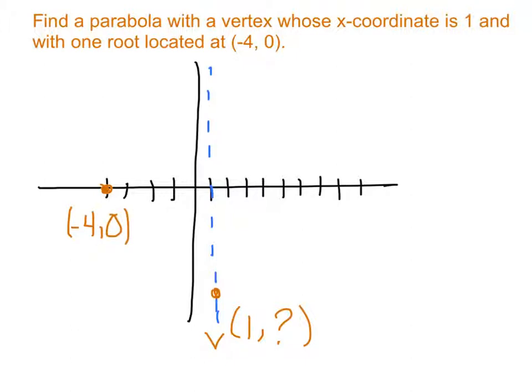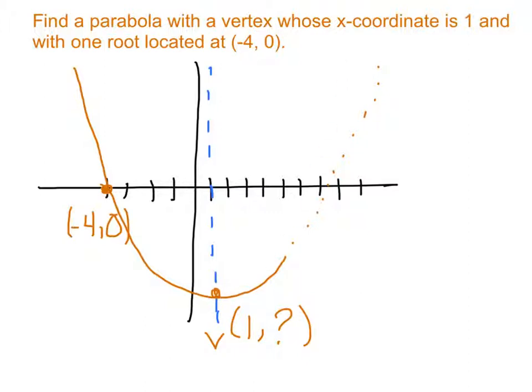This is my other root located at -4, comma 0. I'm going to go ahead and sketch in what this parabola might look like. Okay, so I've done that, and maybe it just comes somewhere up here. The idea is that a parabola is symmetrical. If I'm looking along this side, I should be able to flip it over this line of symmetry and get a similar arc on the other side of that line of symmetry.